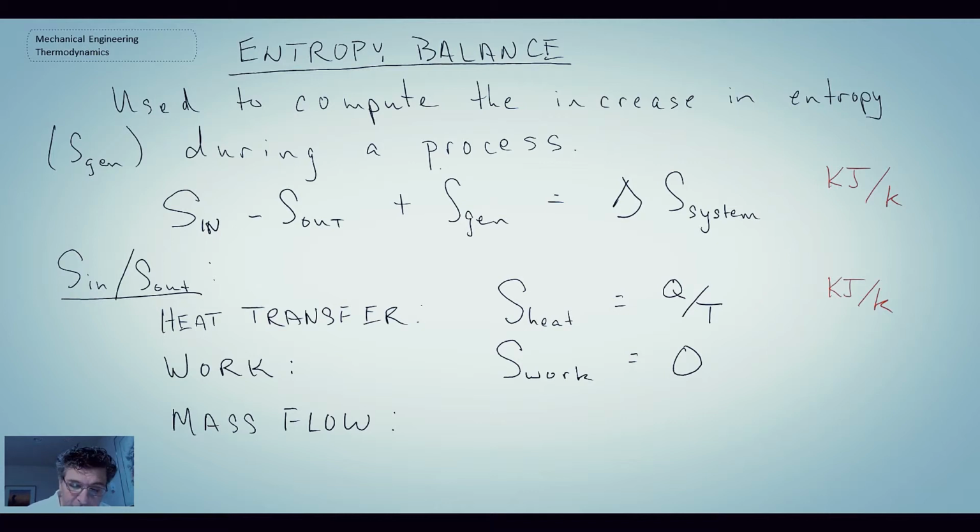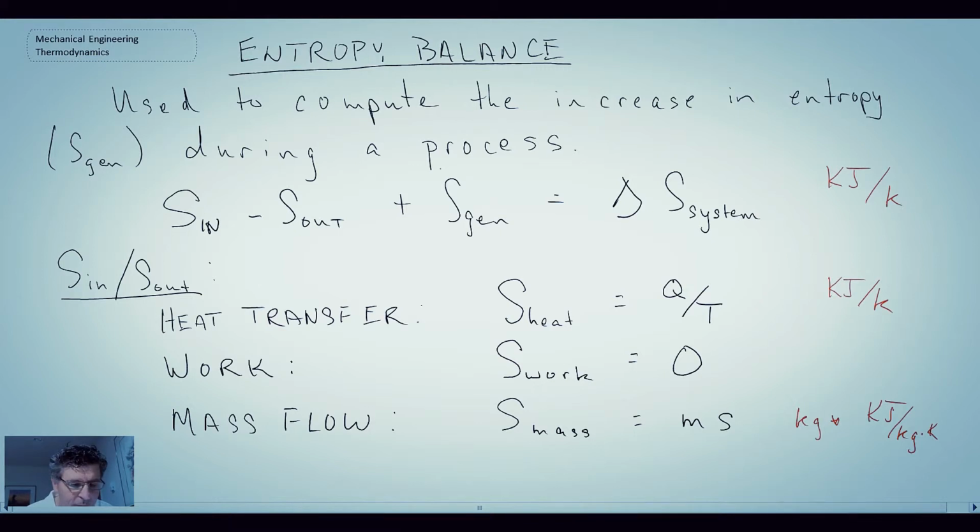And consequently, we quantify that by S mass equals the mass times the entropy per unit mass. So the units of that particular term would be kilograms for the mass multiplied by kilojoules per kilogram Kelvin, which is our standard units for entropy.